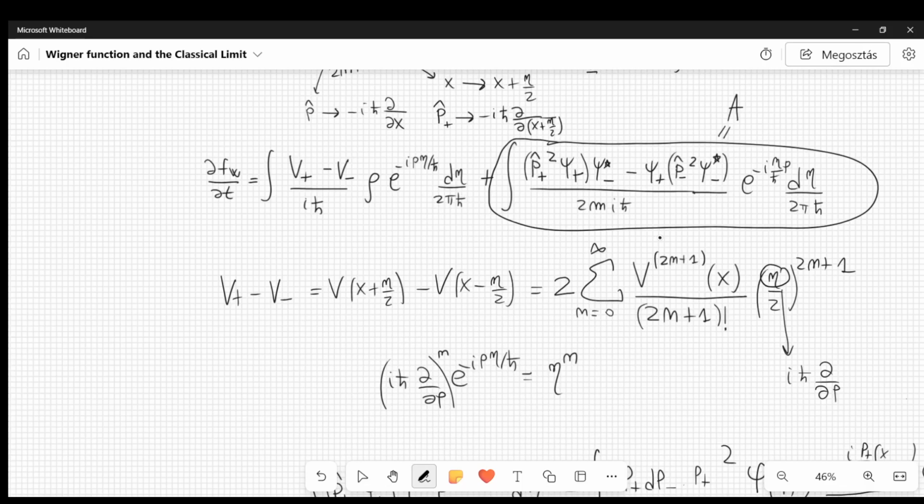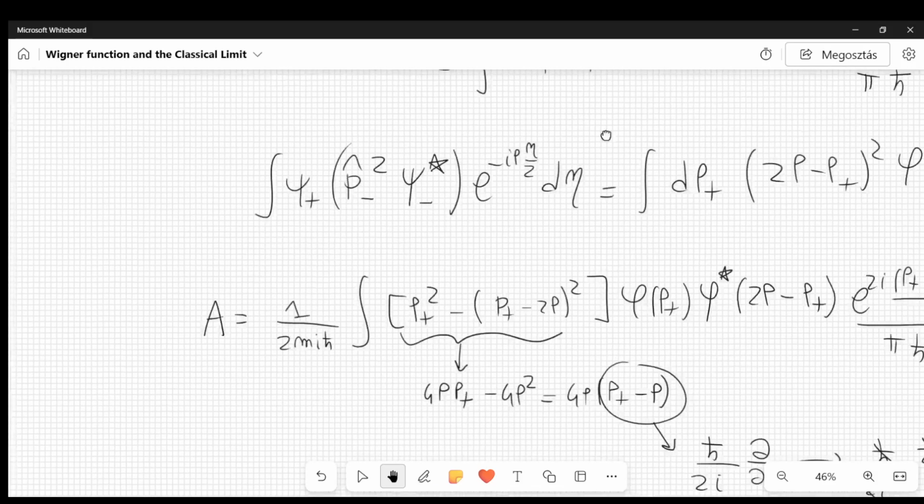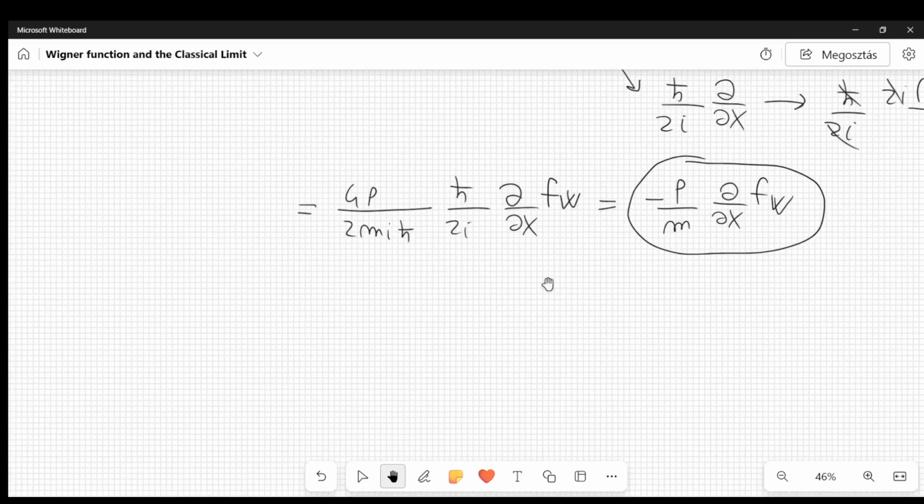And since this part does not depend on eta, after you replace eta with this operator, this will act on the Wigner function as well. So the Wigner function will appear here. And therefore, we can rewrite everything in the following fashion.